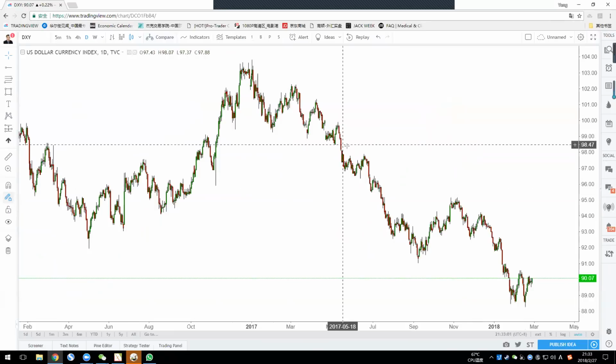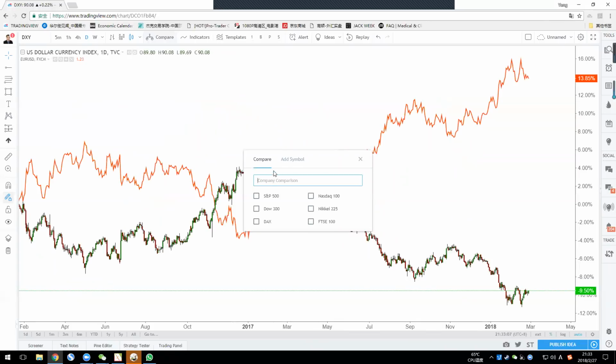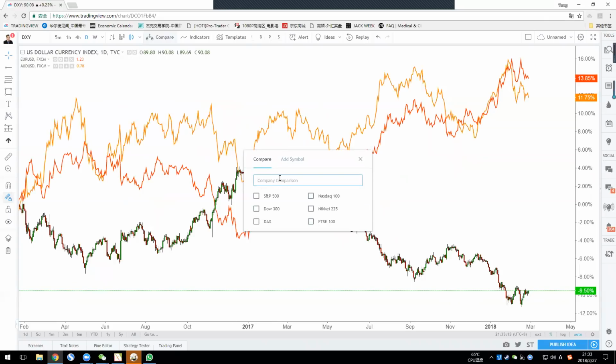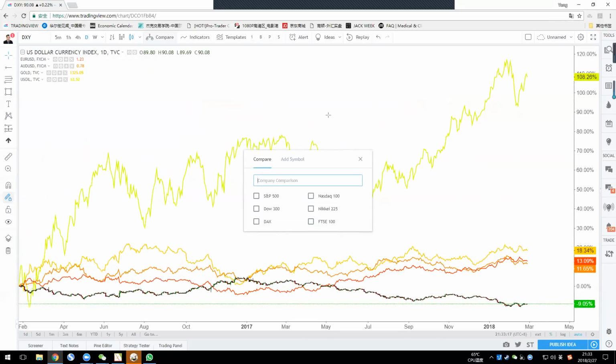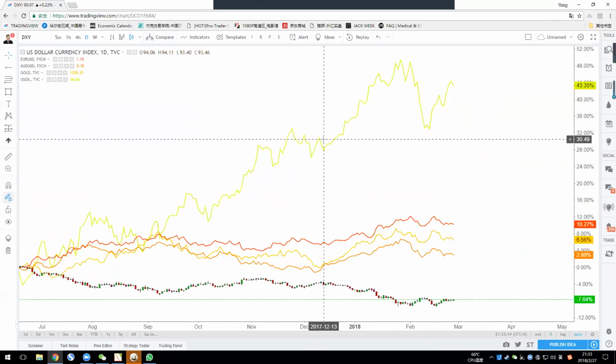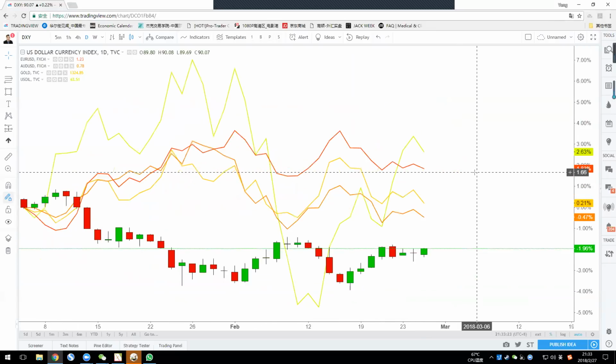So let me just show to you DXY. Okay, DXY. We compare with euro dollar. Okay, we compare with Aussie, compare with gold, compare with oil. All right, a lot of things. And let's just see it in daily charts.